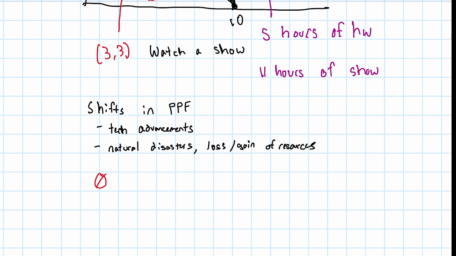That's movement along the PPF because we're just reallocating a total sum of workers. And for this example, it's like if we move some of our hours of homework to instead watch more shows. So I'm just going to label it as a movement, a reallocation of resources.